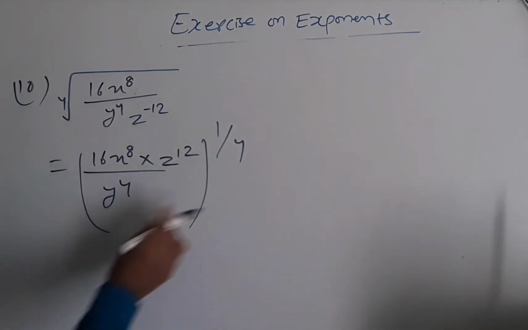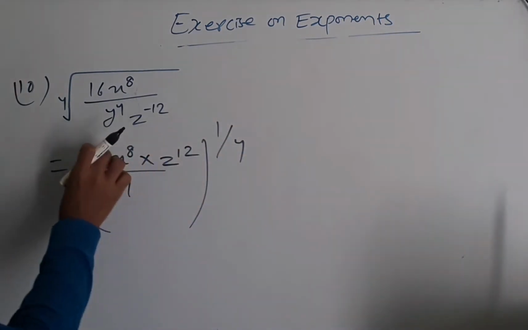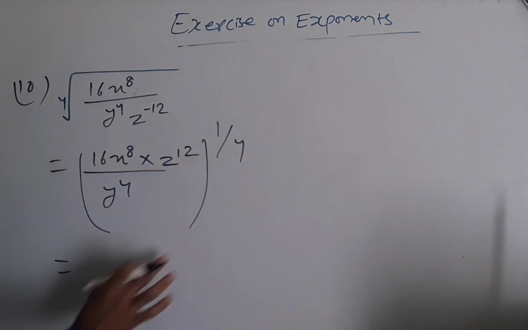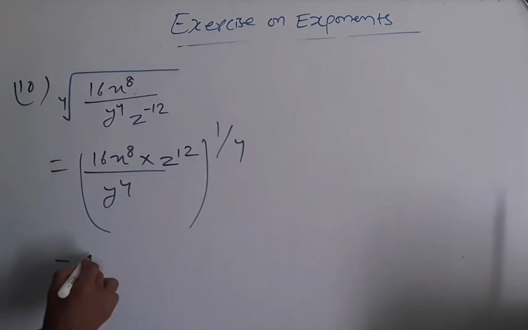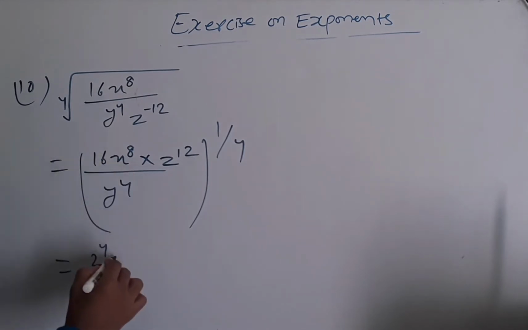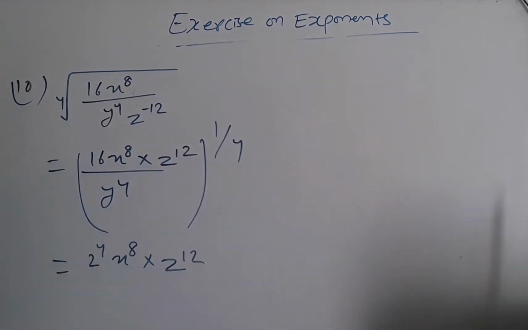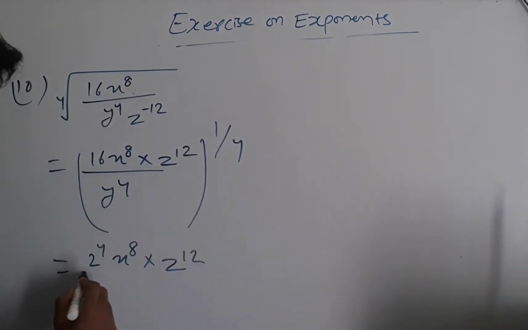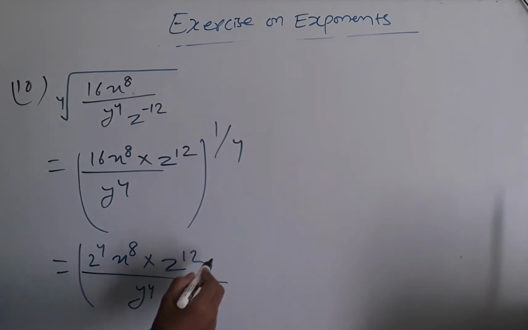Now underneath, we have 4, meaning we're going to write all of them having the exponent 4 or multiples of 4. This is basically 2 to the power 4, and x to the power 8 times z to the power 12 divided by y^4, to its whole power 1/4.